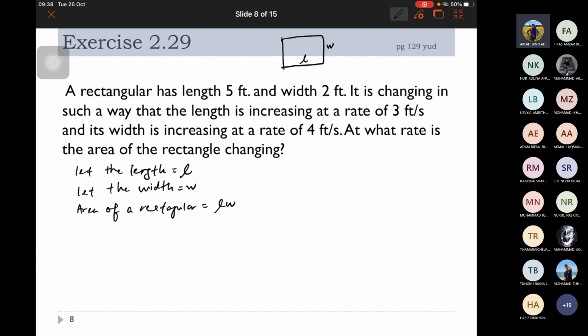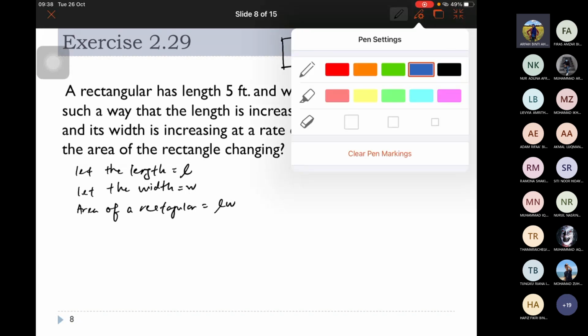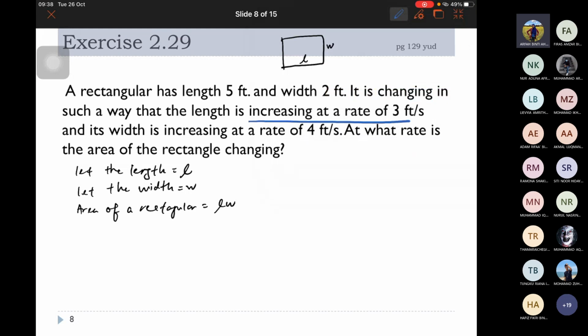Okay. So it is changing in such a way that the length is increasing at a rate. So from here it is given this information 3 feet, meaning that this is delta L over delta T. Okay. And its width is increasing. So yang ini pula delta W over delta T. Okay. So at what rate is the area of the rectangle is changing?